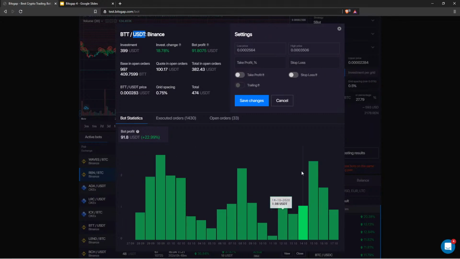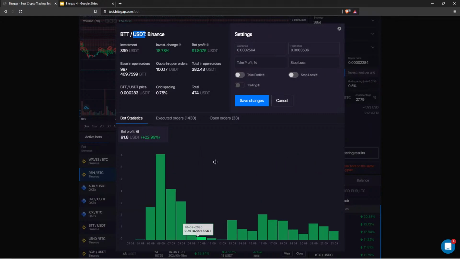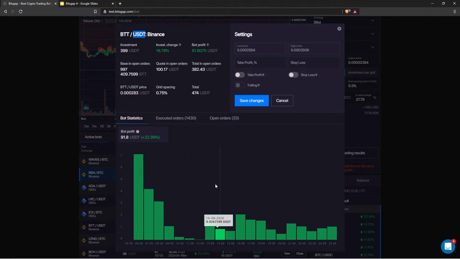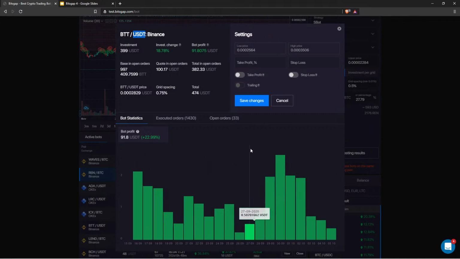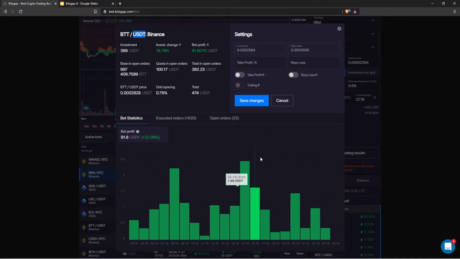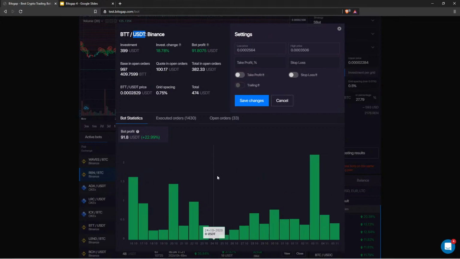So from the visual perspective, you can see where the average is. During this period the average is somewhere around 1 USDT, whereas at some point in time the average was around 1.67. So we are still working on this, and most likely we will have features like the average bot profit and some other metrics. But as of now, you have this graphical, statistical overview of the profit generated on a daily basis.